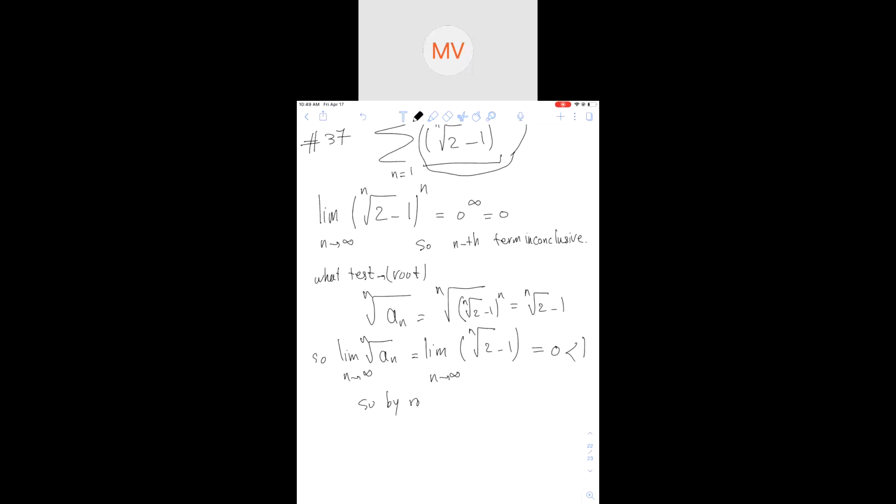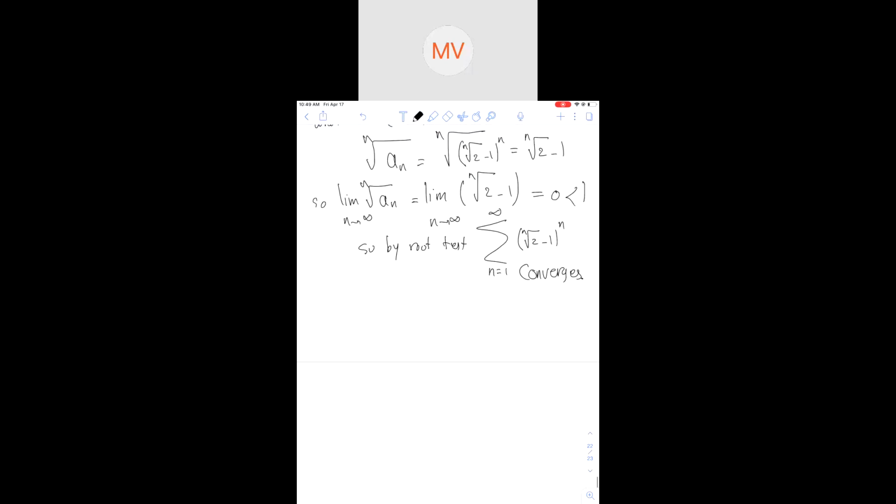So by root test, the summation of nth root of 2 minus 1 raised to the n, from 1 to infinity, converges.